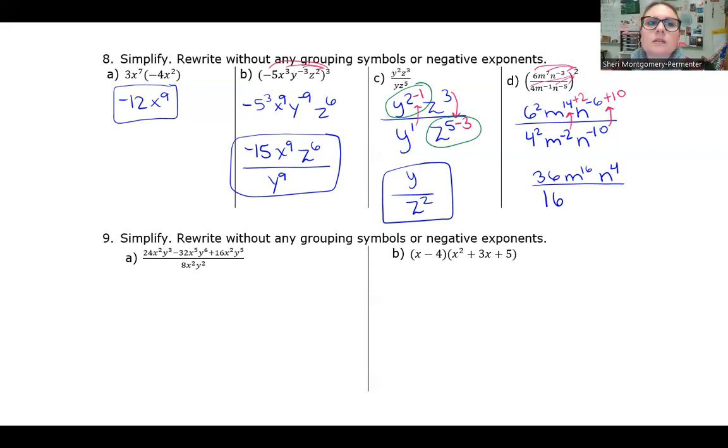Can we reduce this? 36 and 16. How many times does 4 go into 36? 9 times. How many times does 4 go into 16? 4.